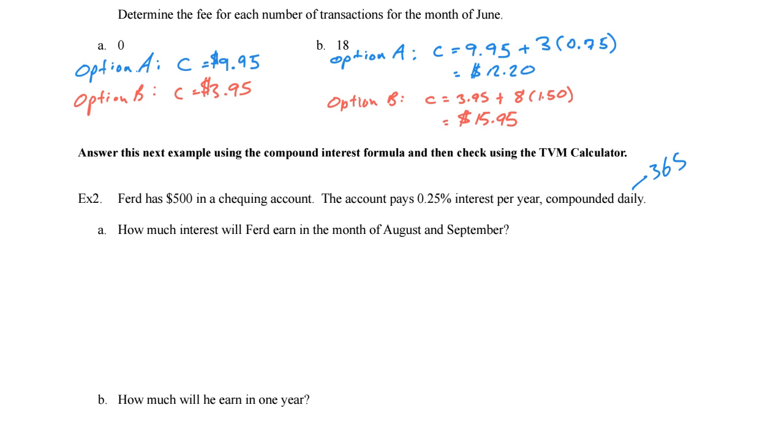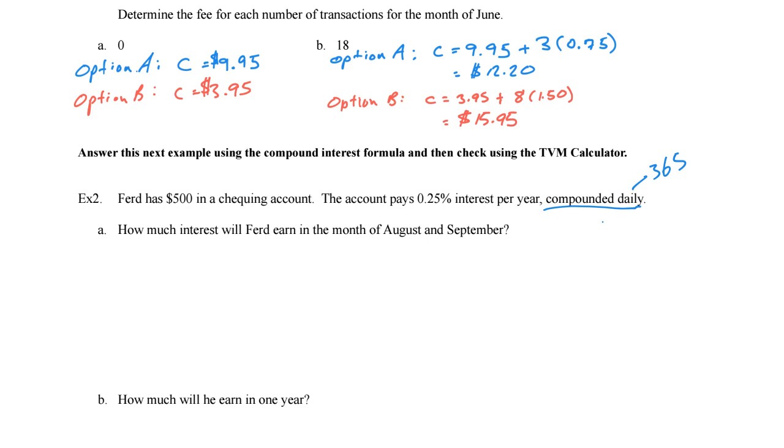Okay? Now, you and I love money, so we're going to go and come up with the most accurate calculation for the compound interest, the future value, how much money. So for this one, it says, how much interest will Ferd earn in the months of August and September?